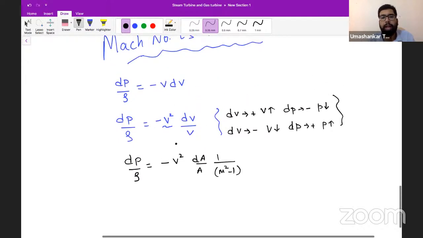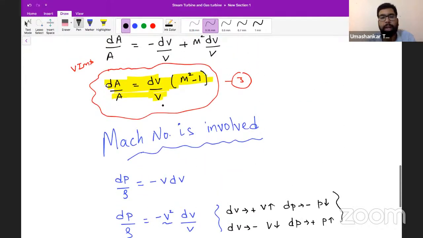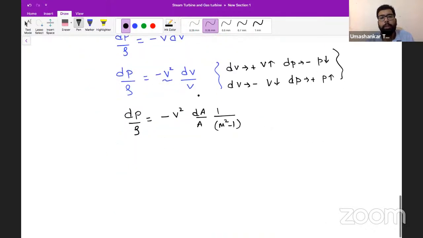Yes or no? I have just replaced the value of dv by v from equation number 3 into this equation. Nothing very typical. So dp by rho, if I send this minus inside the bracket, will be v square into 1 minus M square, dA by A.